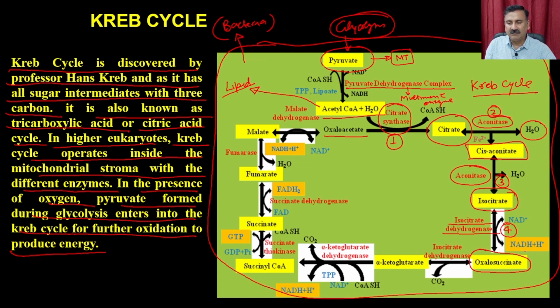And in this event, the first molecule of NADH is going to be produced. Remember that from 1 to 4, only the first time one molecule of NADH is going to be produced.